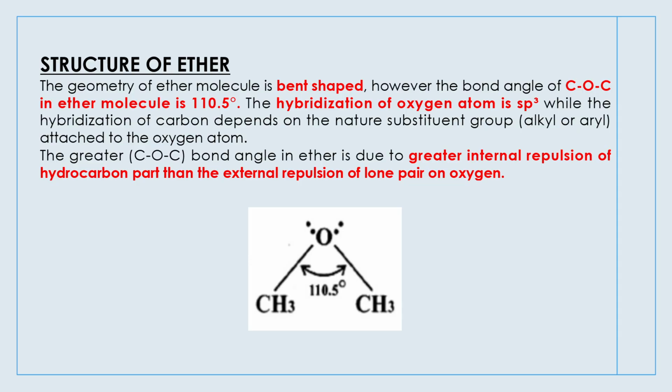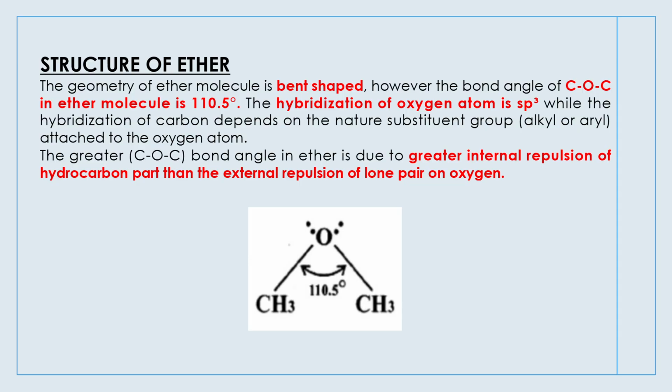And why is it so? Because of the two lone pairs of oxygen along with the bulky alkyl groups that are attached to the oxygen. This leads to the bent shaped geometry. If you watch carefully, the structure is drawn in the shape of a bent. It is a bent structure. Keep in mind the hybridization is sp3. We have two alkyl groups attached, that is the larger size atom or group of atoms.